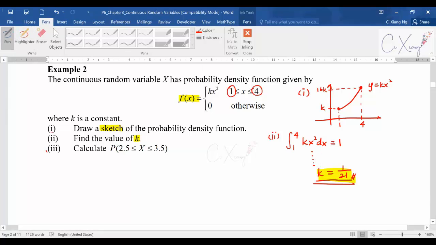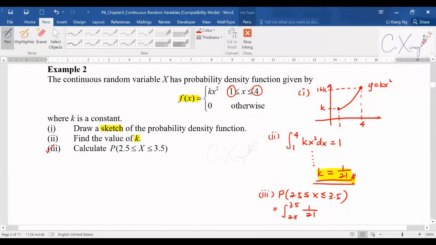Then for the third part, calculate the probability of x between 2.5 until 3.5. Again, to find the probability, you need to do integration. So integrate from 2.5 until 3.5. And what is your basic function here?